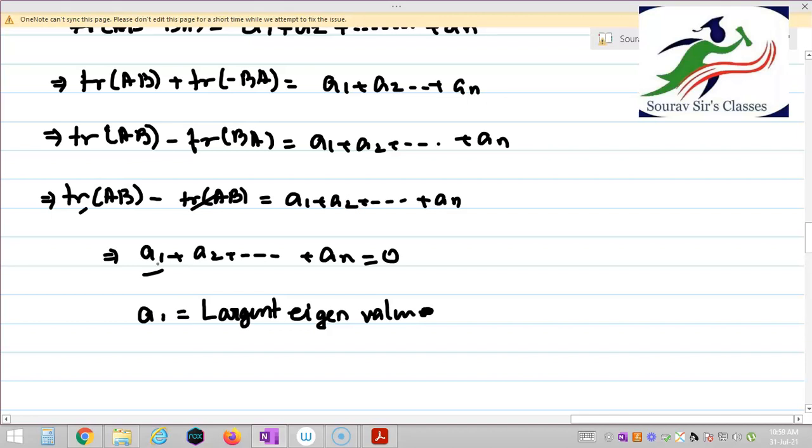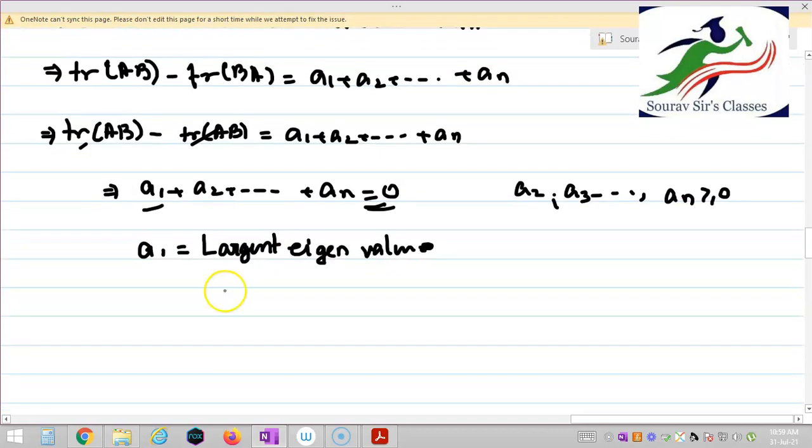If all the eigenvalues except A1, that is A2, A3 up to AN, are non-negative, meaning greater than or equal to 0, and as A1 is strictly greater than 0, then this sum must be greater than 0. But as it is equal to 0, there must be at least one negative eigenvalue. So AI is less than 0 for some I.